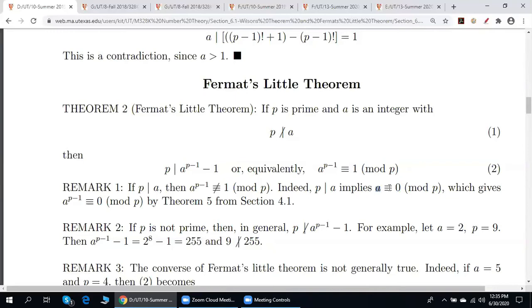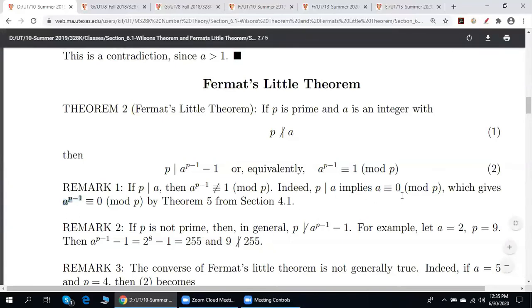Now let us raise both sides to the power p minus 1. a to the p minus 1 is this, 0 to the p minus 1 is 0. Conclusion: if p divides a, then a to the p minus 1 is congruent to 0. Since a to the p minus 1 is congruent to 0, it is not congruent to 1 modulo p.